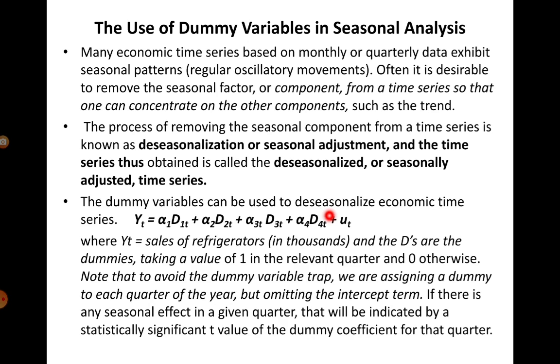But to escape the dummy variable trap, we have omitted the intercept term. Remember, that was one way in which you can introduce m dummies for m categories. If you do that, you should omit the intercept term of the regression function. So here there is no intercept term, which is why we can introduce 4 different dummies for the 4 different quarters.